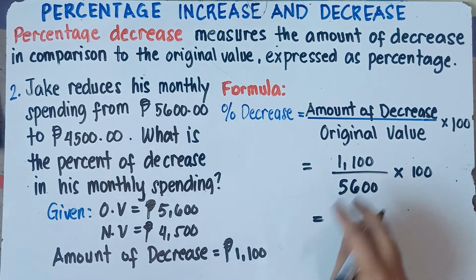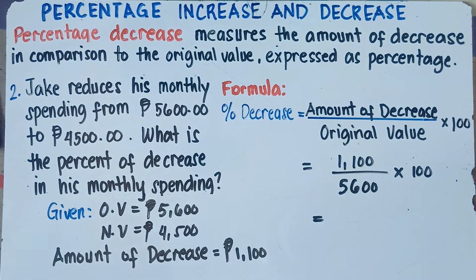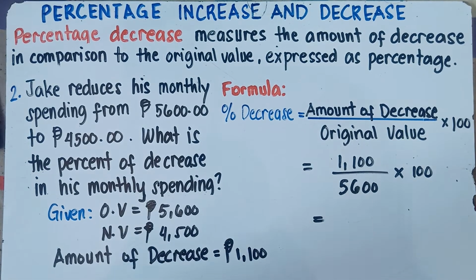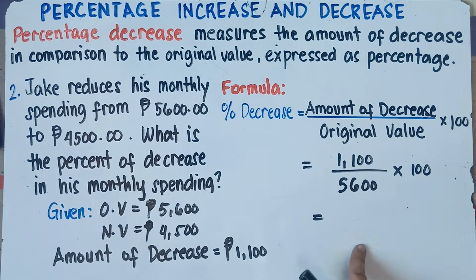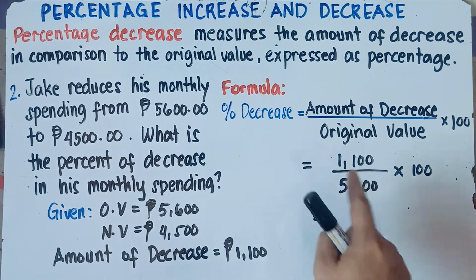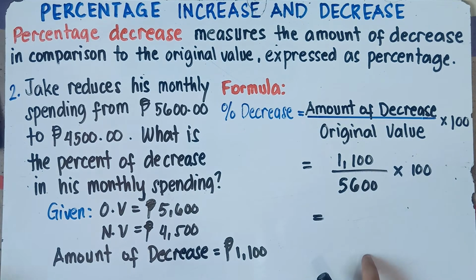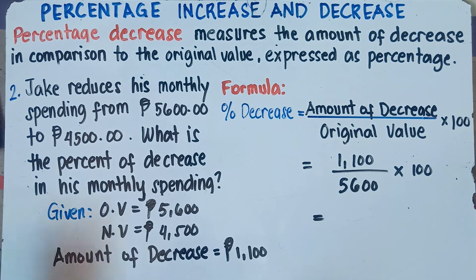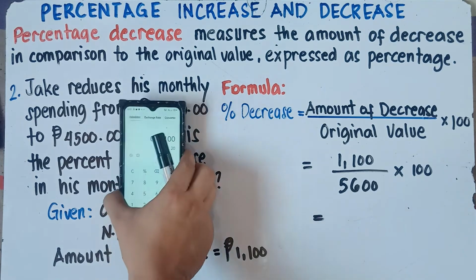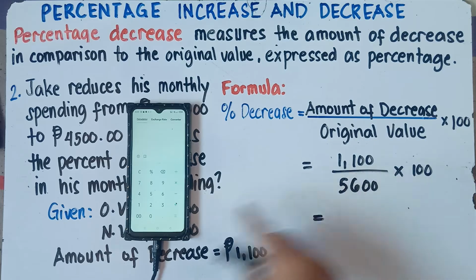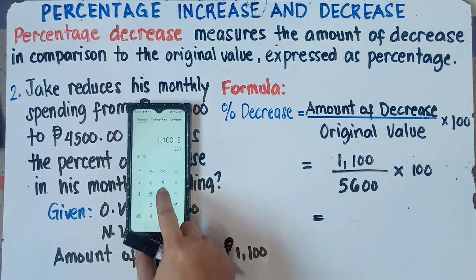So once again, class, if you have examples like this with large numbers, you need to use the calculator because it will take time if you do it manually. I hope your teacher will allow you to use a calculator, especially if you have this kind of numbers. These are large numbers. It will take time if you do it manually.